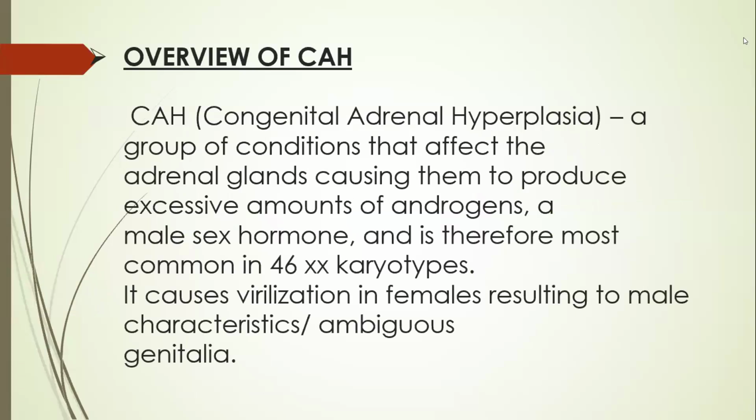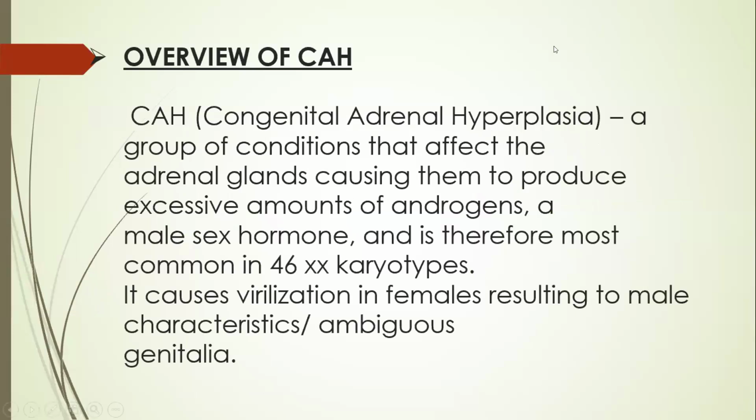I'll give a brief overview of CAH. Congenital adrenal hyperplasia is a group of conditions that affect the adrenal glands, causing them to produce excessive amounts of androgens, a male sex hormone, and it's therefore common in 46 XX karyotypes.